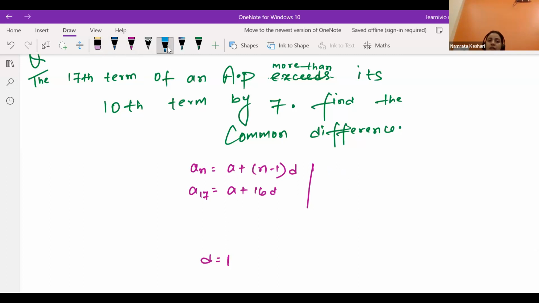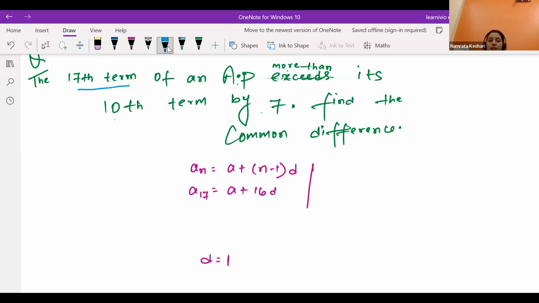Here it says the 17th term of an AP is more than the 10th term by 7. If I say my age is more than yours by 7 years, that means my age minus your age is equal to 7.